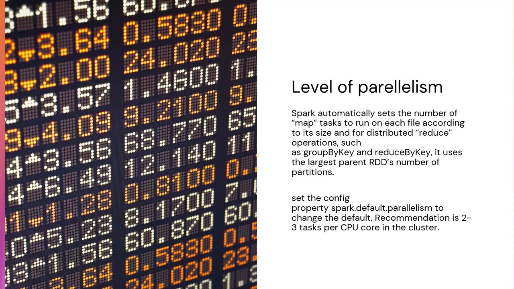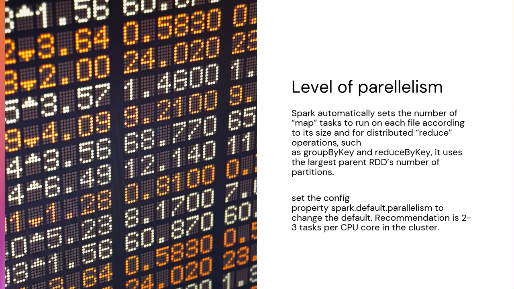So Spark will automatically set the number of map tasks to run on each file according to its size, and for the distributed reduce operations. So there are two operations, a map operation and a reduce operation. Spark automatically does that tuning internally to figure out how many maps should run and how many reduces should run.